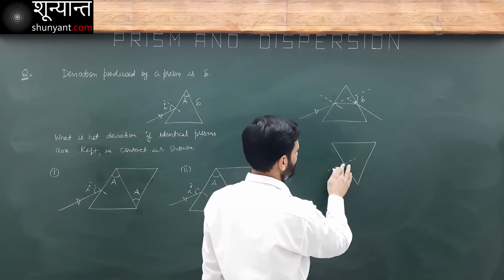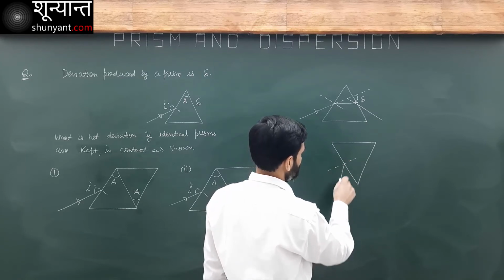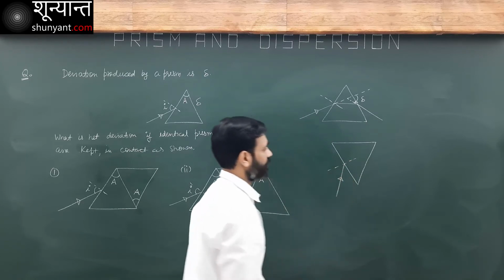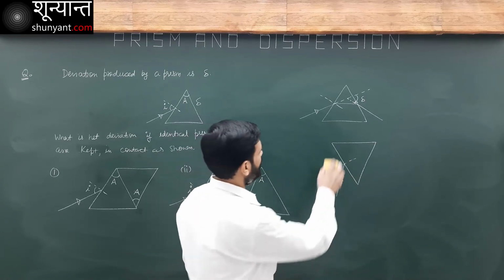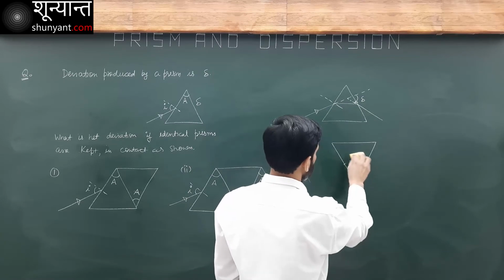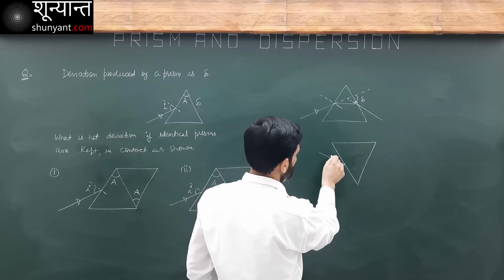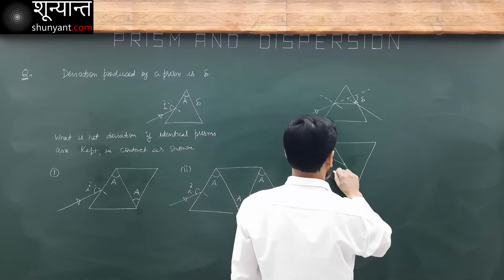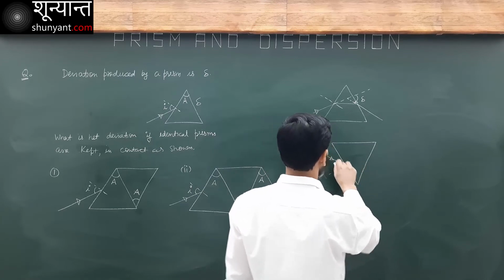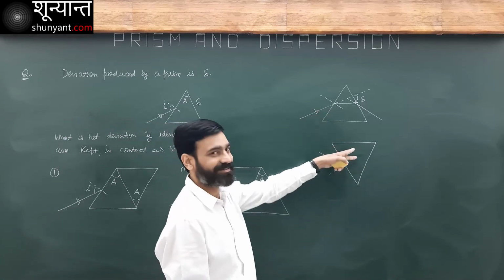It is going to fall like this, in a different way. Angle of incidence remains the same. What is the difference between this case and this case?